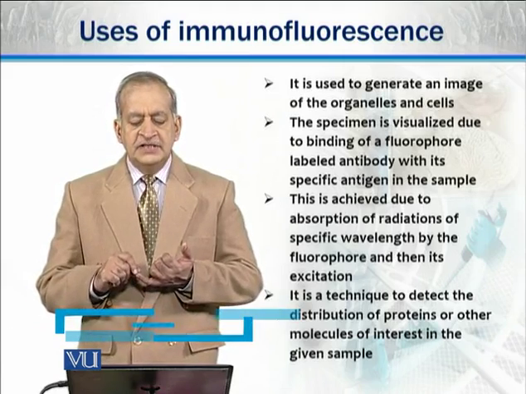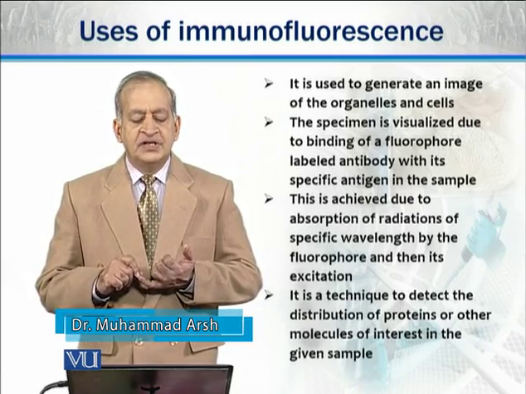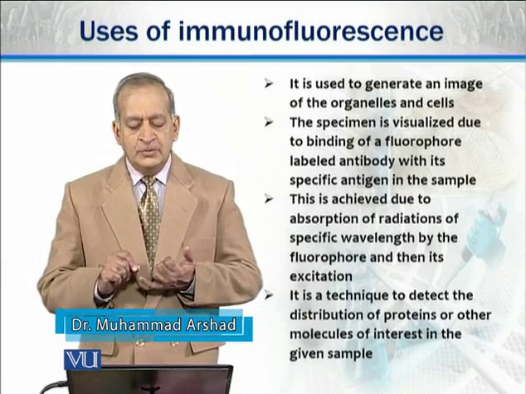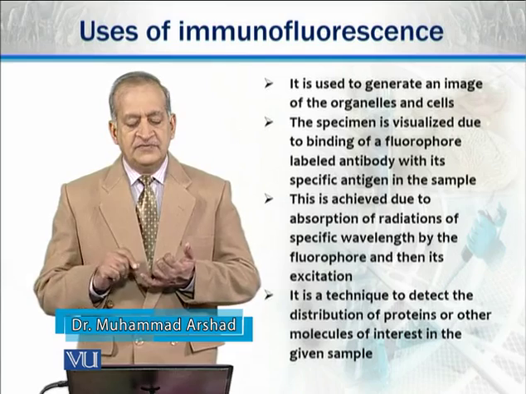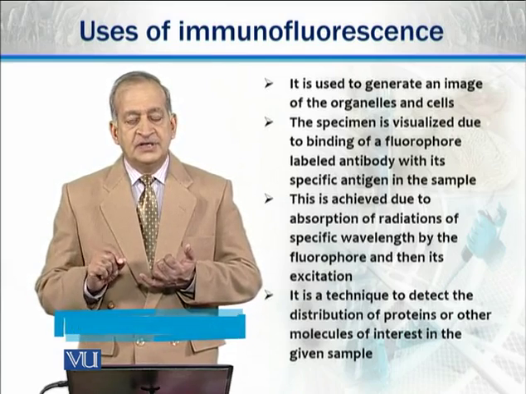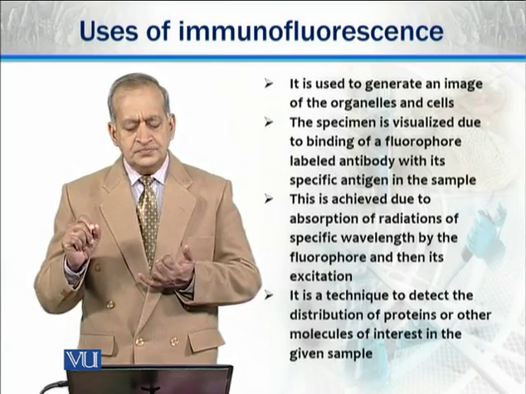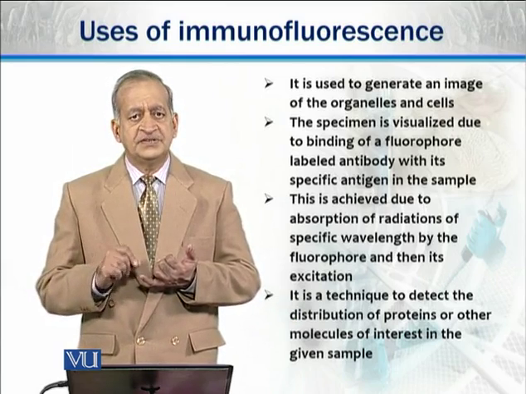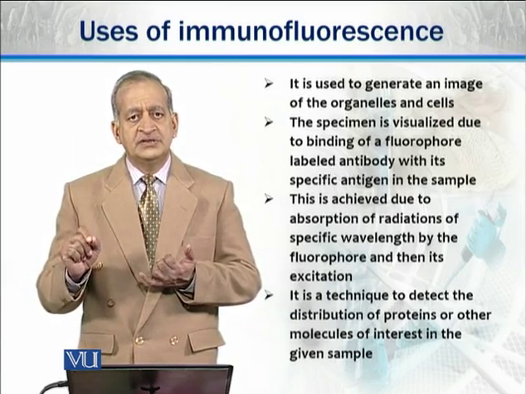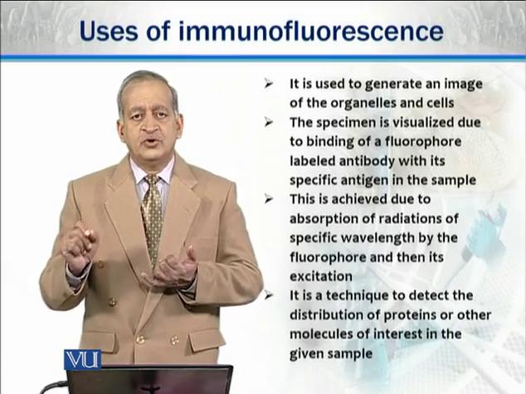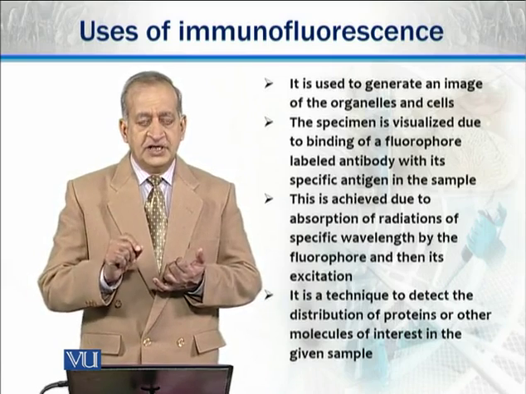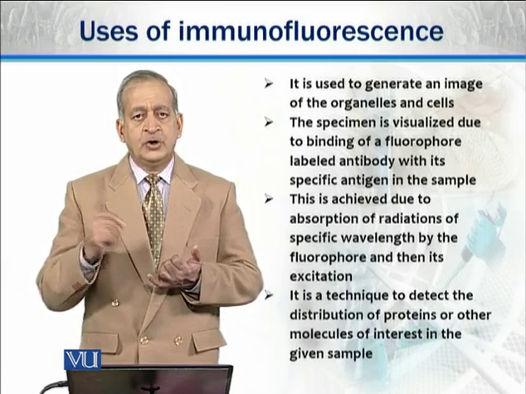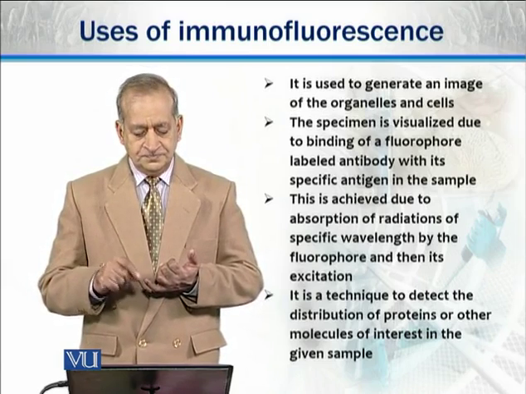The specimen is visualized when there is binding of a fluorophore-labeled antibody with its respective antigen present in the sample. So this gives its specificity: the antibody which is labeled with some fluorophore binds the respective antigen only, it will not bind to other places.